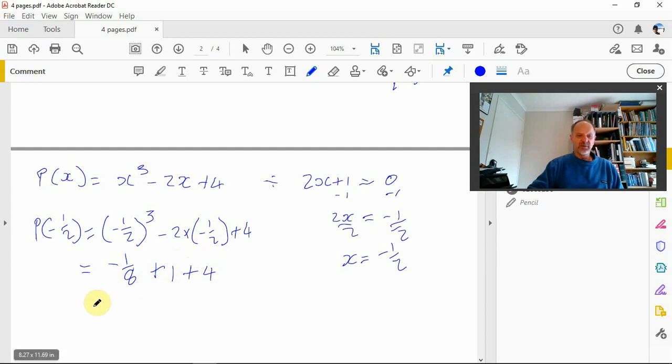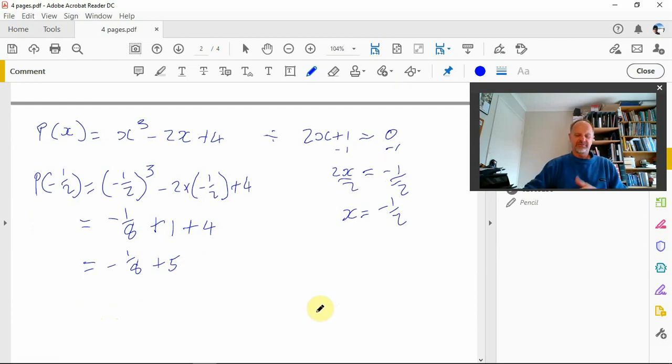And so that is negative 1/8 plus 5. 5 is 5 over 1, so to write it as 8ths, multiply top and bottom by 8. 5 is 40/8. And so we've got minus 1/8 plus 40/8 is 39/8 as our remainder.